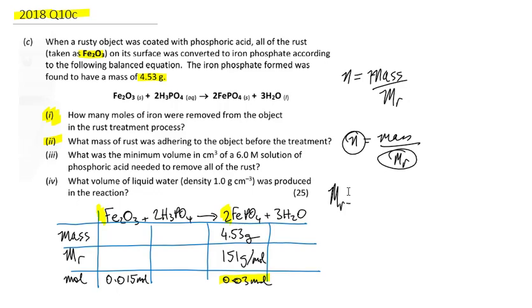So the relative molecular mass of iron oxide, well, we're looking at iron, so 56 times 2, plus oxygen, 16 times 3, and that equals 160 grams per mole.